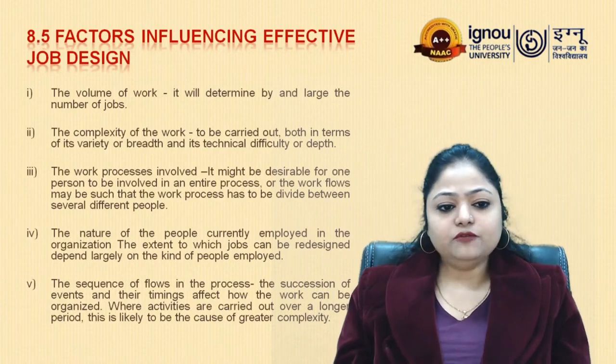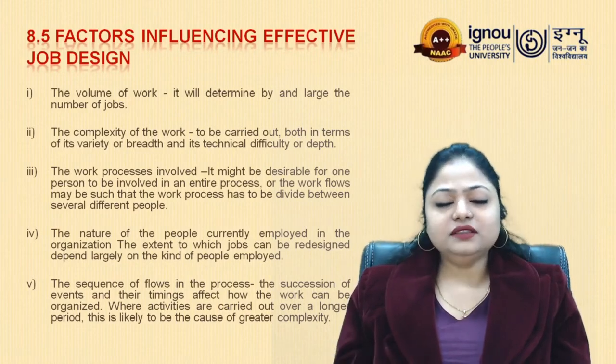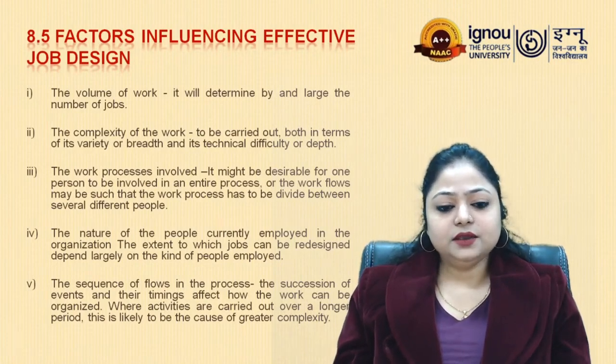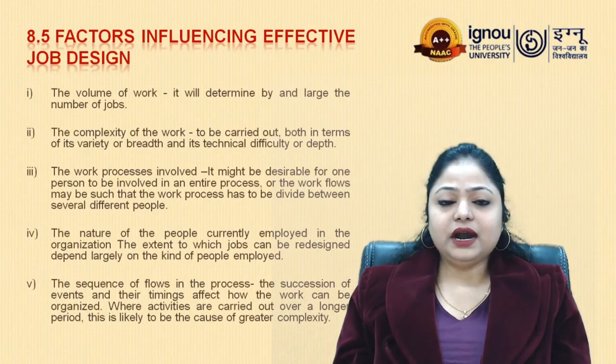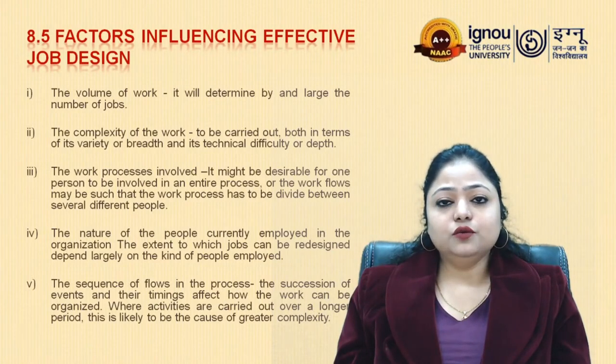So, the timing of a process to be completed should be kept in mind in such a way that it is not that complex and could be understood by the employees or the role occupant. If it has greater complexities, it will lead to frustration on the part of the role occupant or the person handling that job position, whose job has been designed in such a way that it has greater complexity in its work nature.